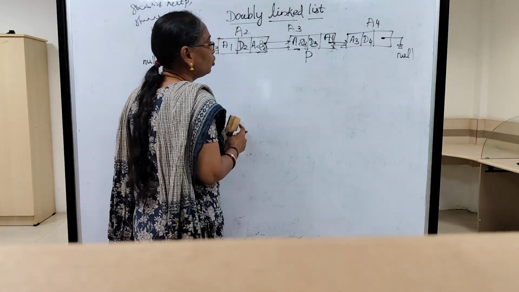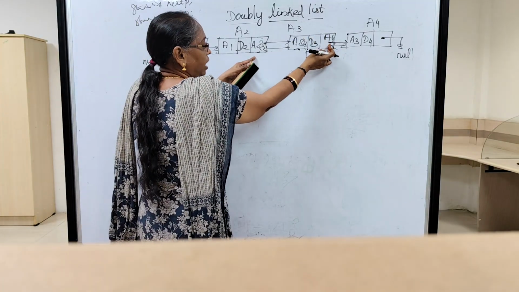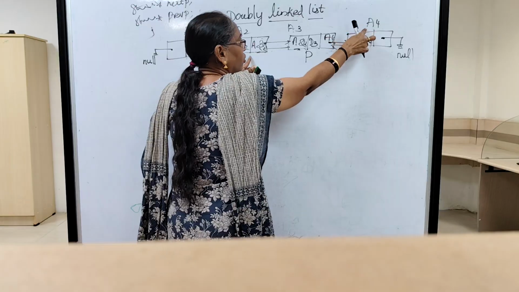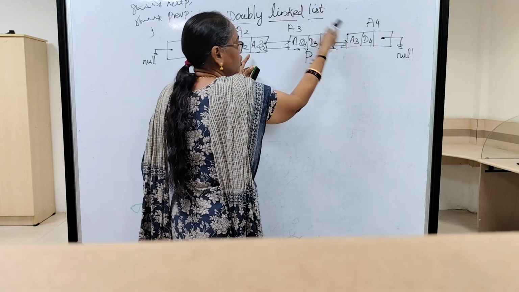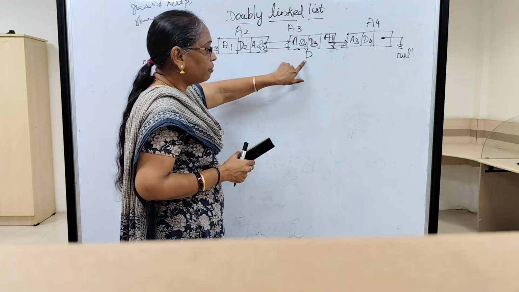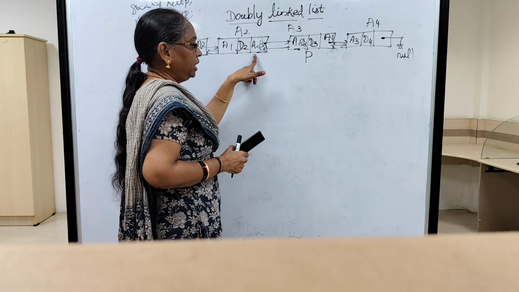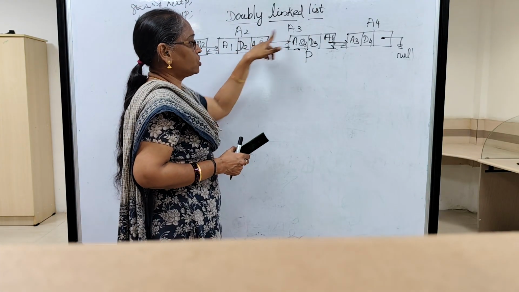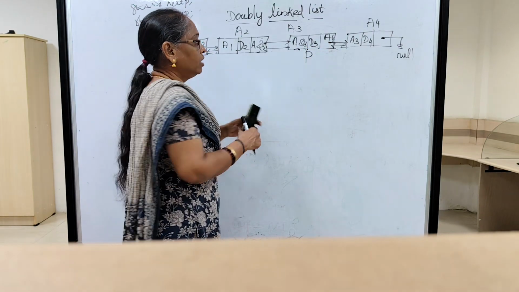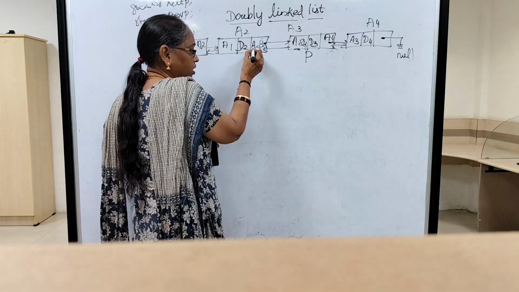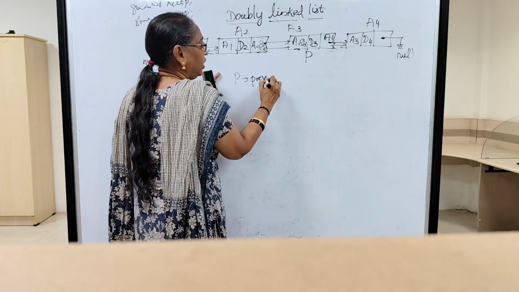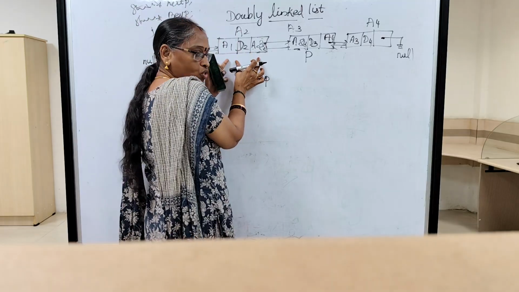As I said, I have to copy this A4 into here. That is, the next node should be A4 and the previous of this should be A2. So how can I do this? P of next of previous should be this P of next. Okay. This P of previous pointer points to previous node.